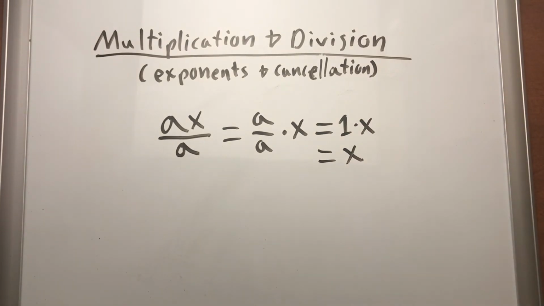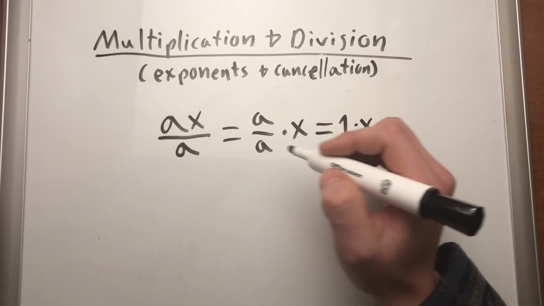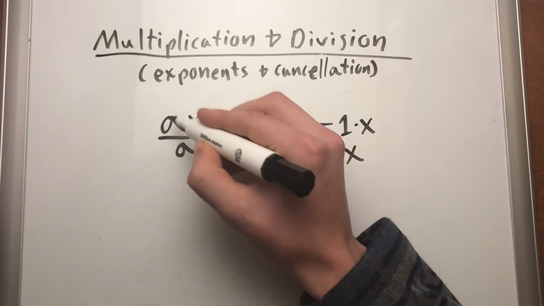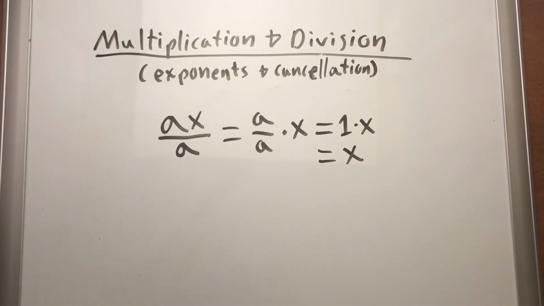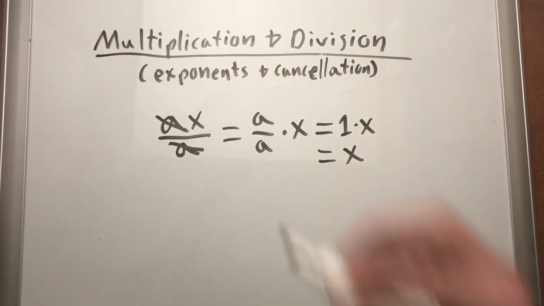So what the effect of this is that if we go back to our expression here, we get something called cancellation, where if you have two things on the top and bottom of a fraction, they cancel each other out and just leave what's left behind.